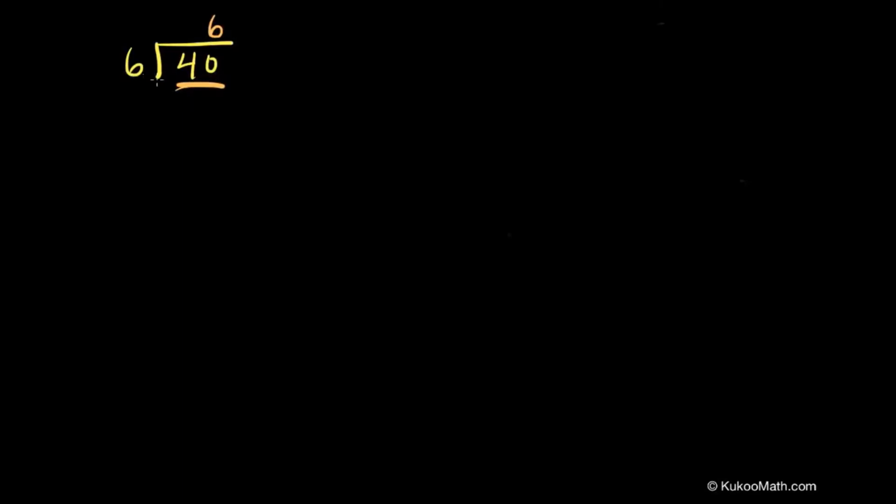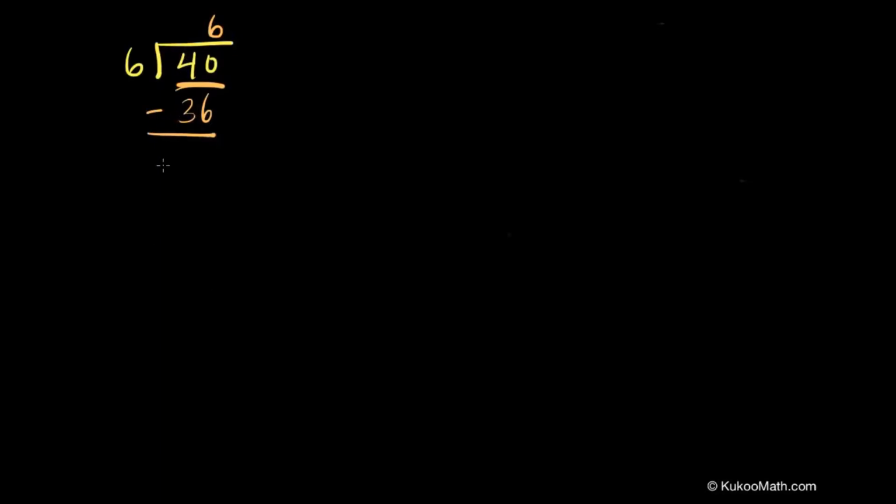If we could have fit 6 into the 4 over here, we would have written the 6 on top of the 4. But since we're looking at the first two digits, we're writing the 6 on top of the last digit that we're counting. And what we do after this is we multiply. So 6 times 6 is 36. And we're going to write that under the 40.